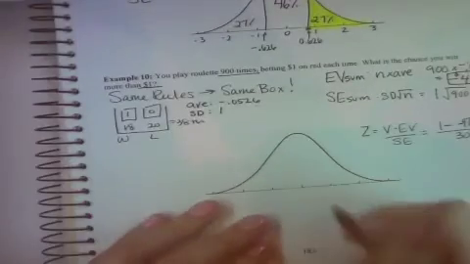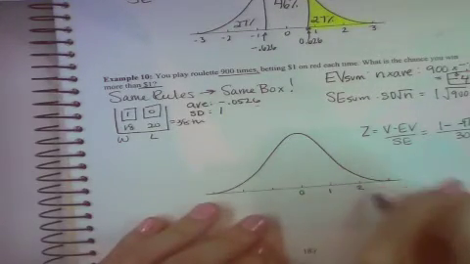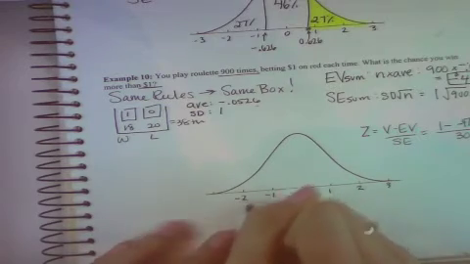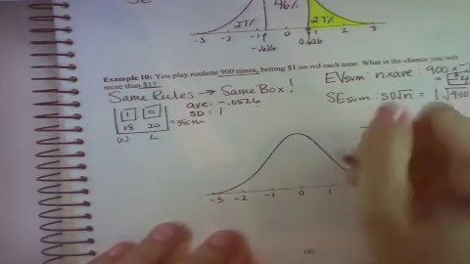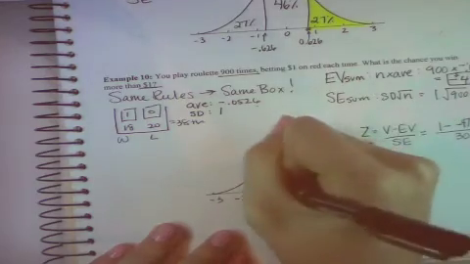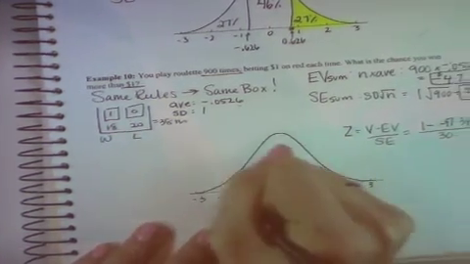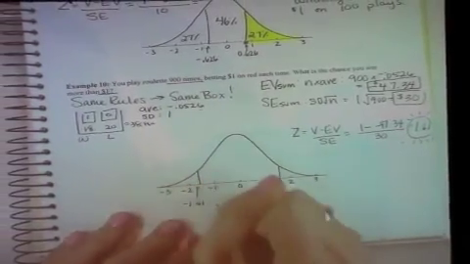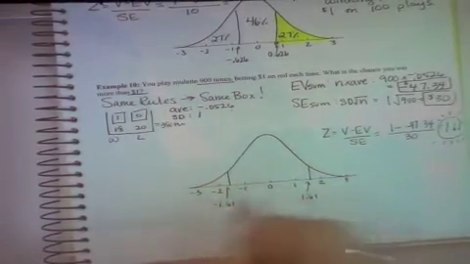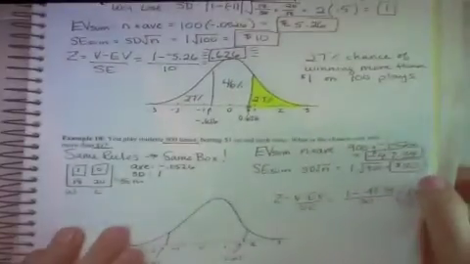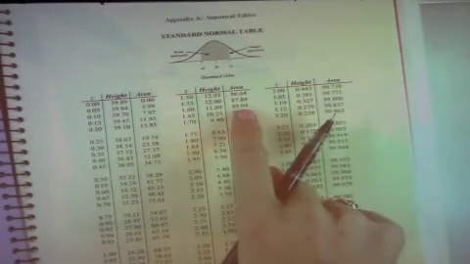So now to our normal curve. 0, 1, 2, 3. Negative 1, negative 2, negative 3. So 1.61, let's call that right here. Always have to draw its opposite. So there's 1.61, there's negative 1.61. Okay, and the area between 1.61 and negative 1.61 is going to be, let's see, 1.6, 89.